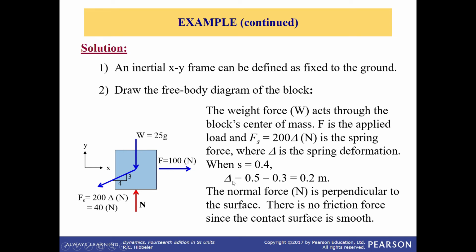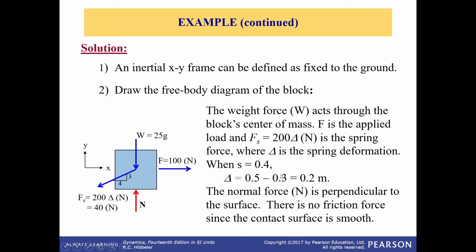Once you know the 0.2, technically we know Fs, in which Fs equals 200, which is K, the spring constant, the spring stiffness constant, times the deformation of the spring.